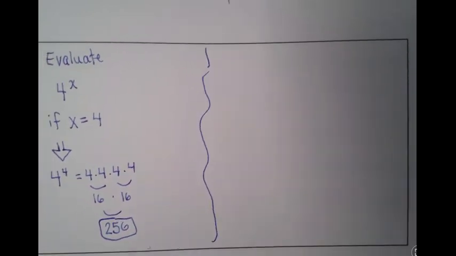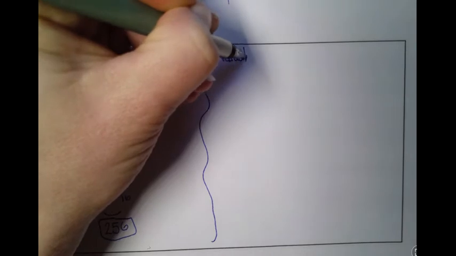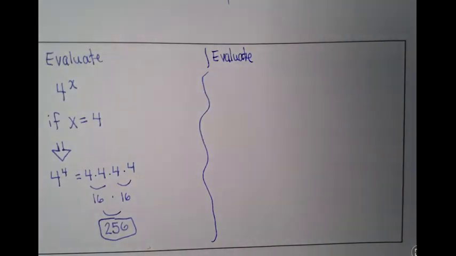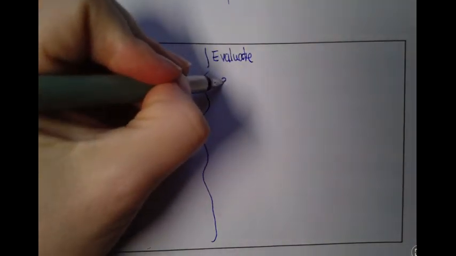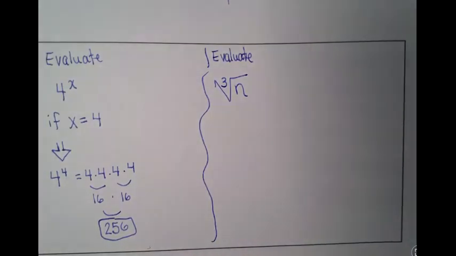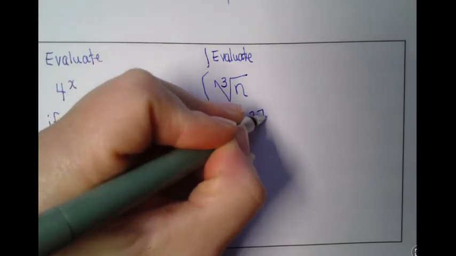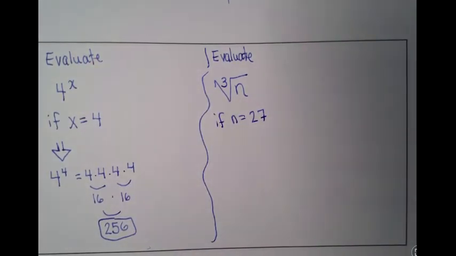Now for the next example, we're going to evaluate the third root of n, if n equals 27. So try that one on your own too.